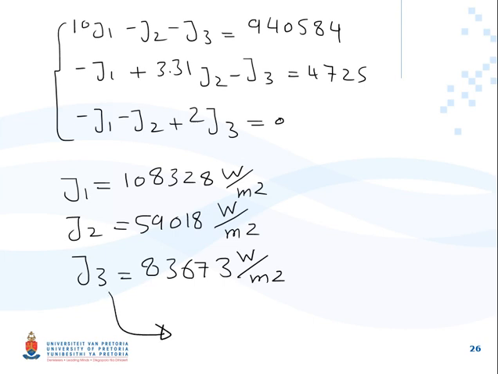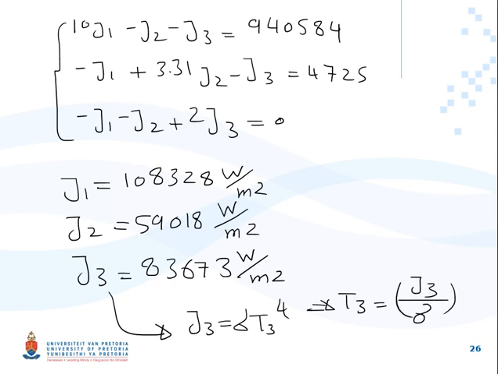Now that we have J3, we know that J3 equals epsilon sigma T3 to the power 4, so T3 is equal to the fourth root of J3 divided by sigma. Okay, basically that's it, and the answer, as I told you previously, is 1102 Kelvin. Try to use both methods and see if you can get the same result.